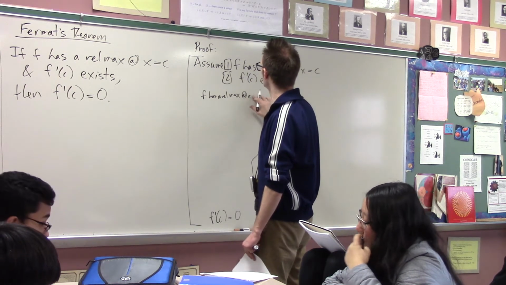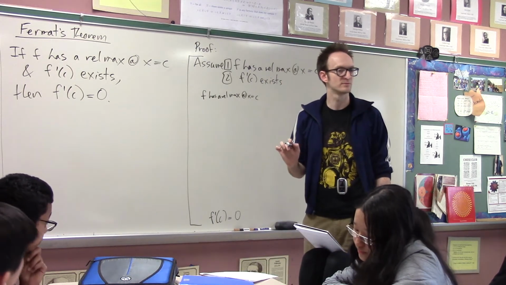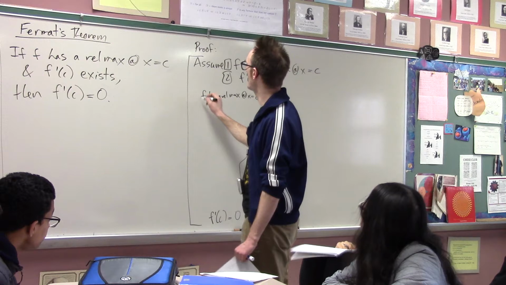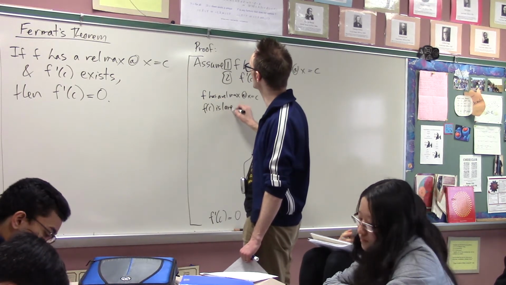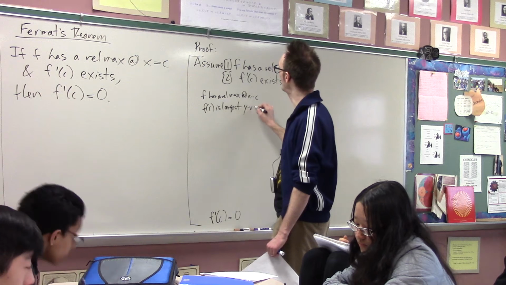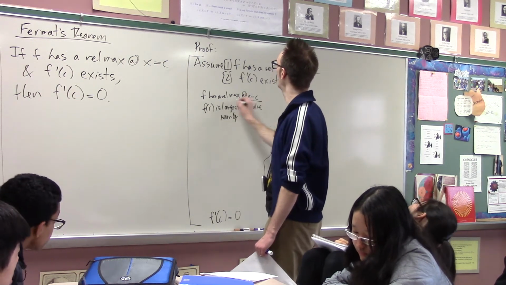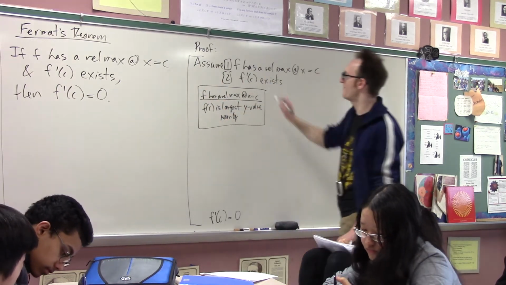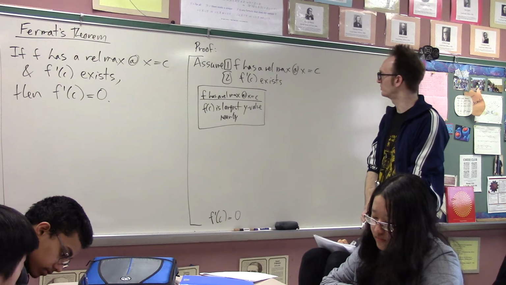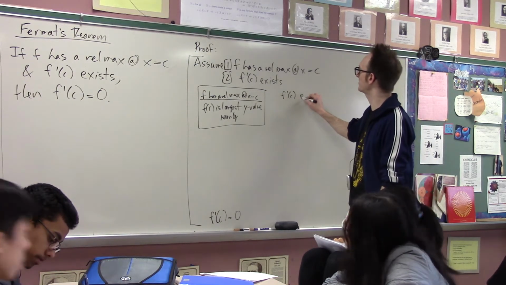Well, the definition is basically that f of c is the biggest nearby. F of c is the largest y value nearby. I'll put a box around this because that's a math fact that I have access to. And what does it mean to say that f prime of c exists?